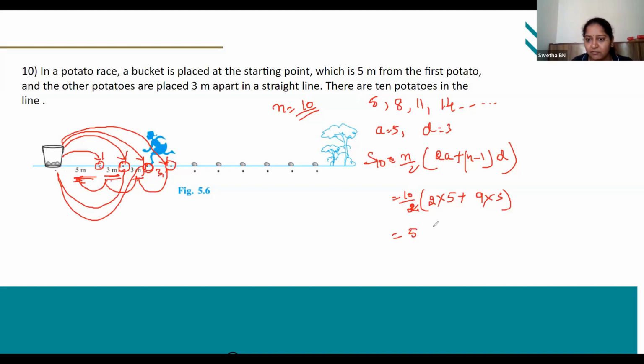See, that is 5 into 10 plus 9 3s, that is 27. So 5 into 27 plus 10 is 37. That is equal to 185.